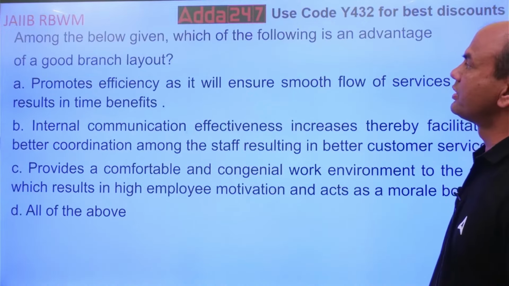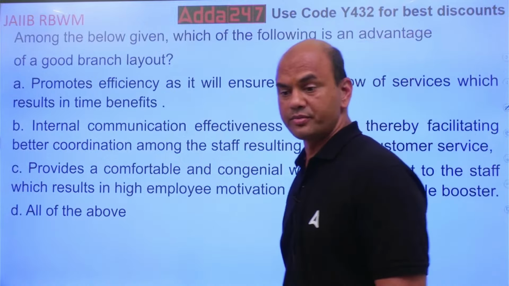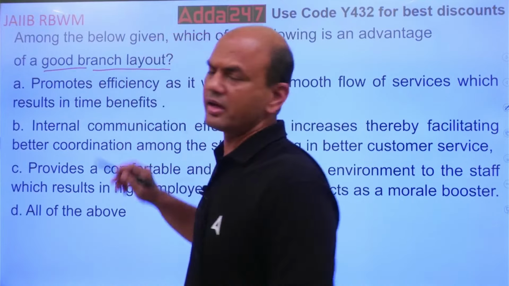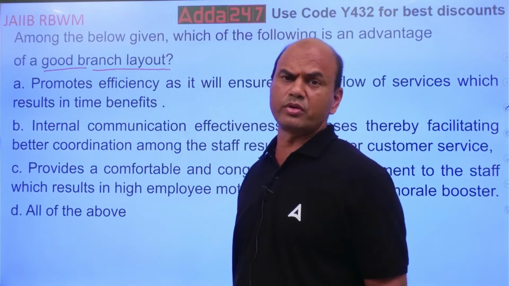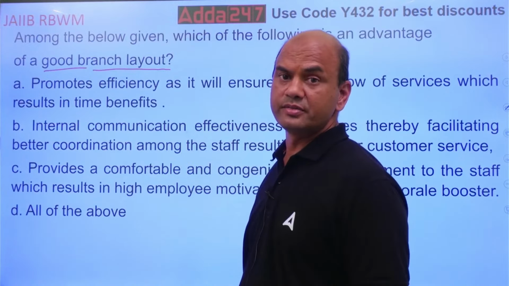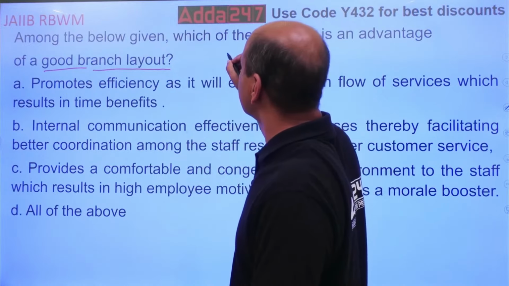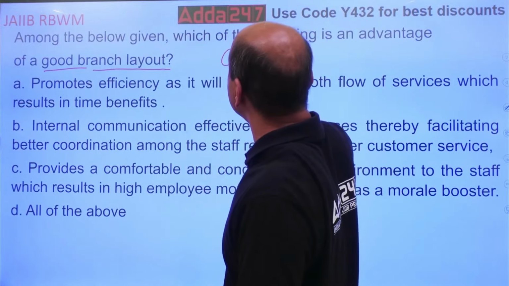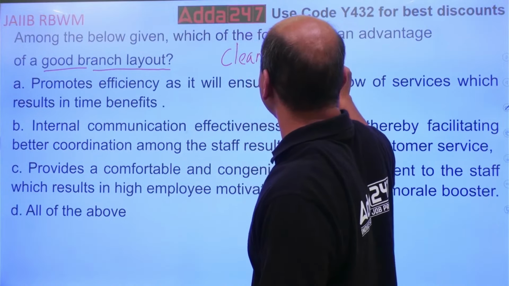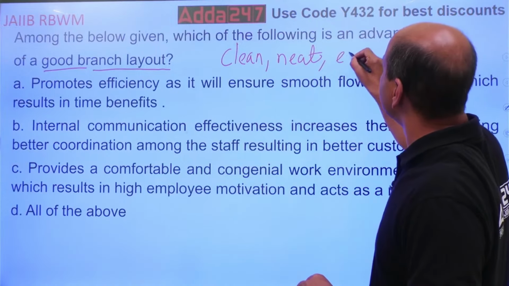Among the below given, which of the following is an advantage of good branch layout? Why should I have a good branch layout? Good branch layout means very simple, clean, neat, and easy.